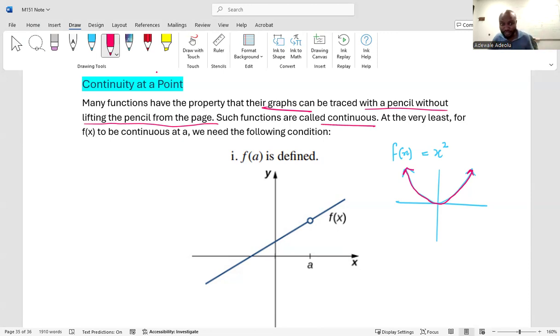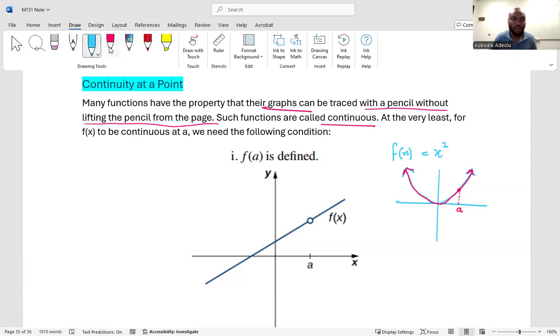At the very least, for a function to be continuous at a point A, let's say, for example, this is A, that function must be defined at the point A. Does that make sense?